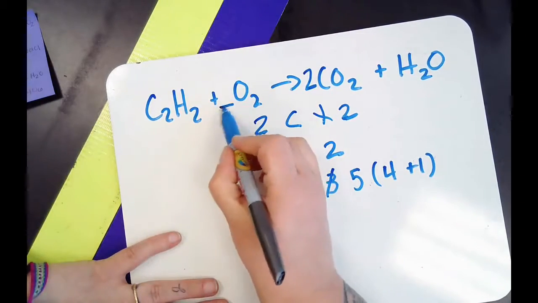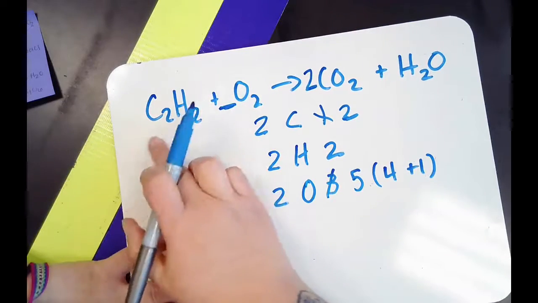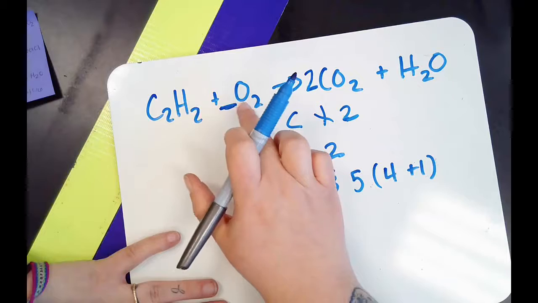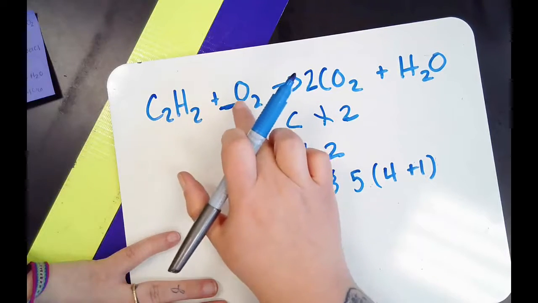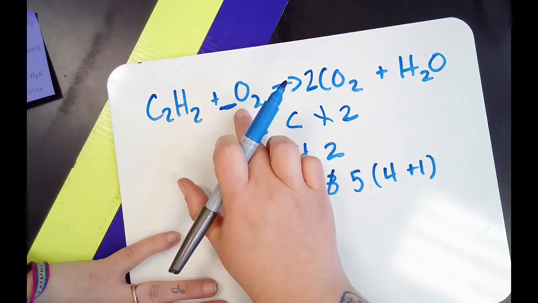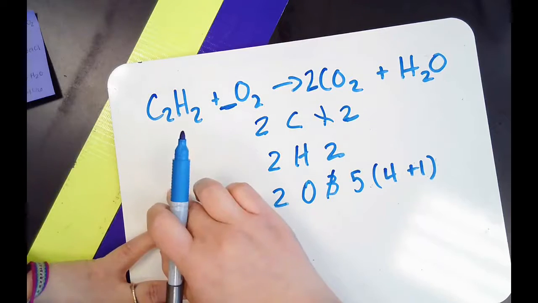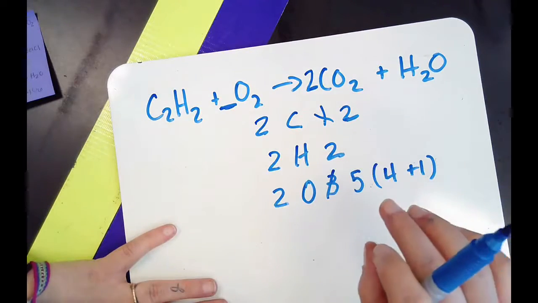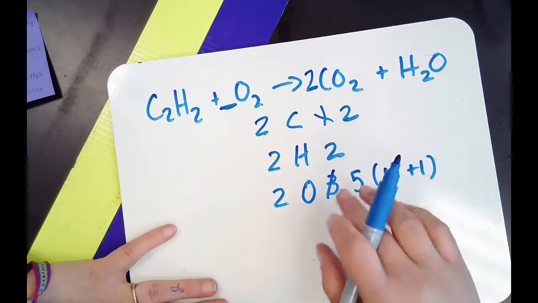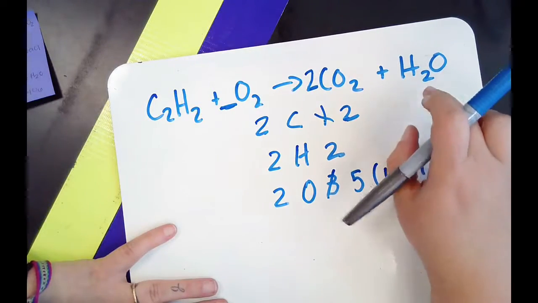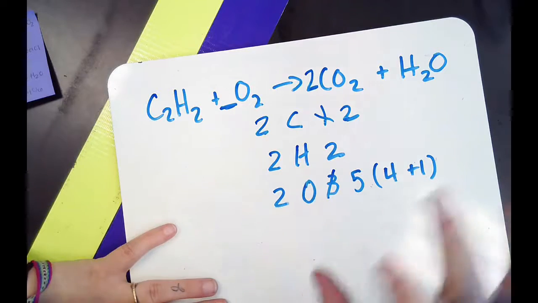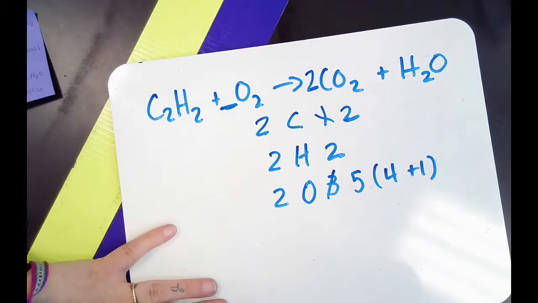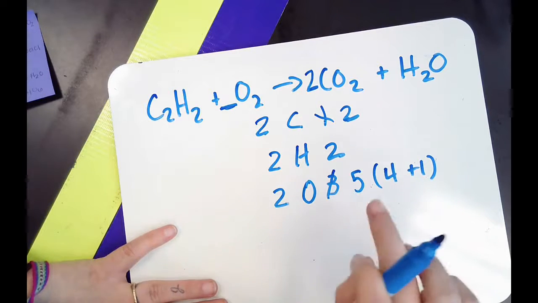Well, if you see, this is diatomic oxygen, so the only thing that I'm going to be able to get here to balance is going to be an even number, okay? So if I balance my oxygens, it's probably going to unbalance my hydrogens, but that's okay, we can fix that. All right, so I want to get my oxygens to be able to balance on this one.